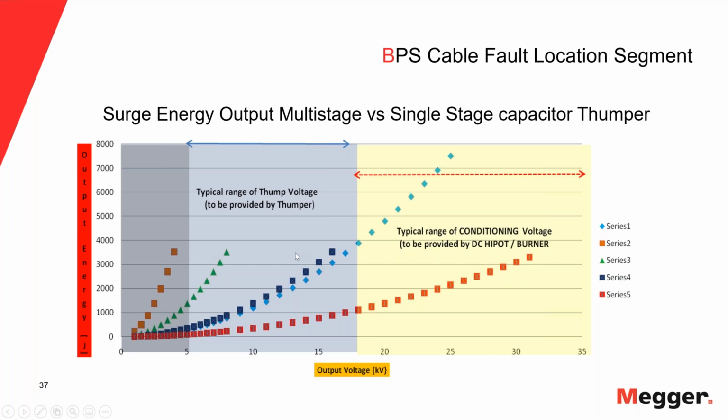All right. In contrast, today you have more and more multi-stage capacitor thumpers, and you can see here an 8, 16, and 32 kV thumper.